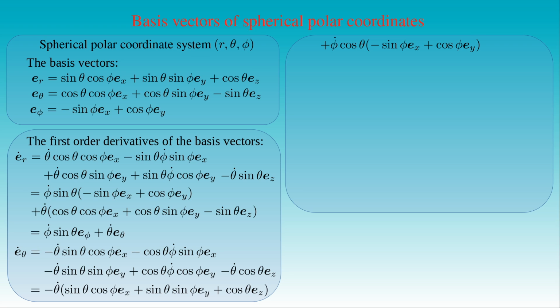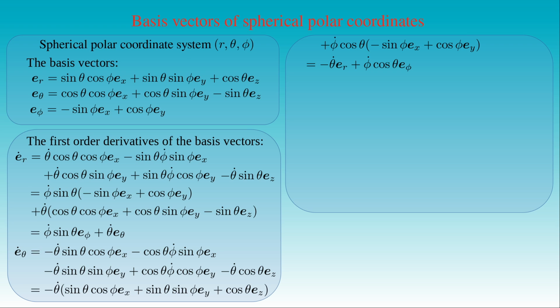Now we see that the terms in the parenthesis of the first term give the basis vector er, whereas the terms in parenthesis of the second term are equal to the basis vector e phi. Then the derivative of the basis vector e theta is equal to theta dot times the basis vector er, plus phi dot times cosine theta times the basis vector e phi.